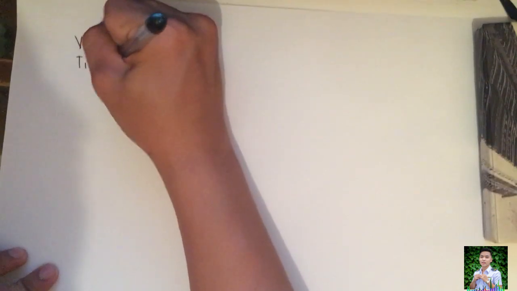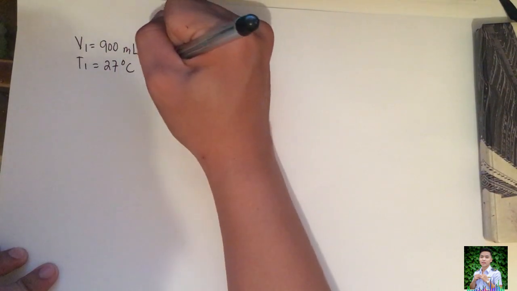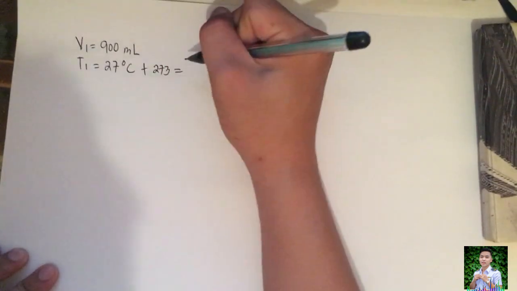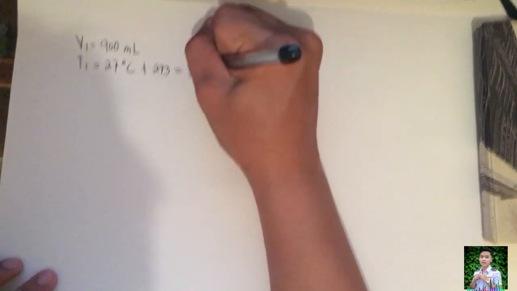T1 is equal to 27 degrees Celsius. To make it an absolute temperature, we add 273 so that it will be equal to 300 Kelvin.